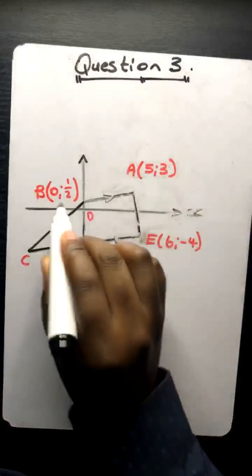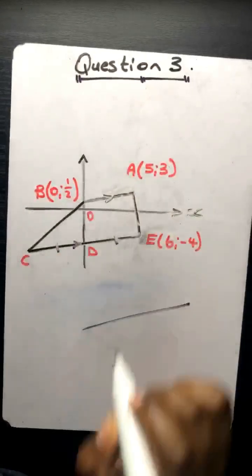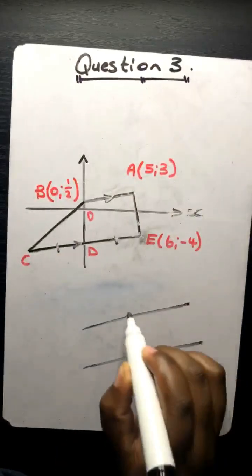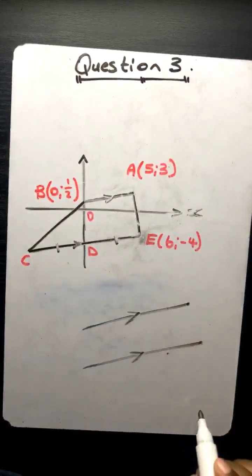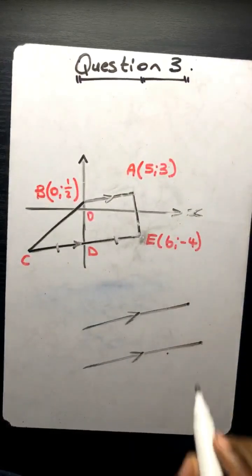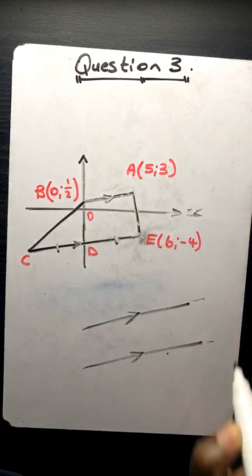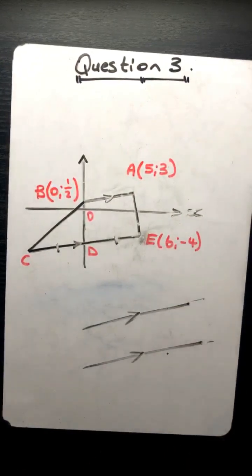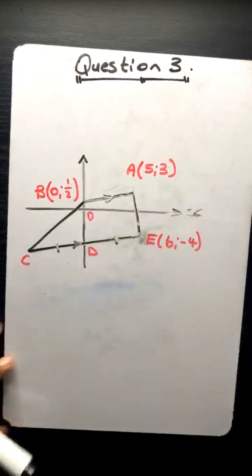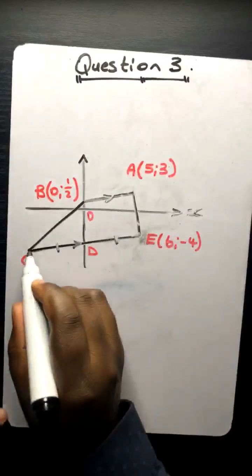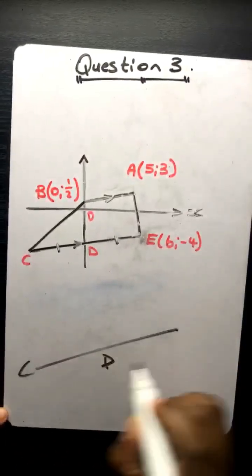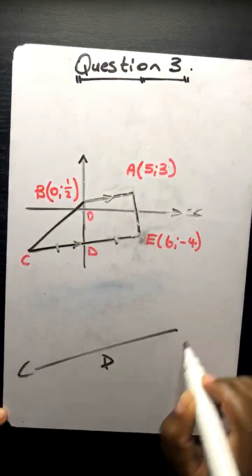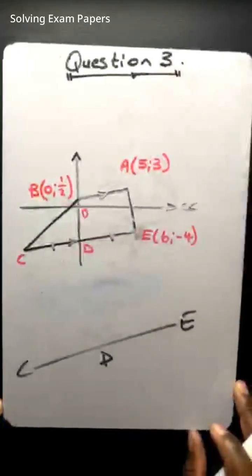Can you see BA? Can you see CE? This is an indication that these two lines are parallel to each other, meaning the gradient of this line is equal to the gradient of that line, which is what we've just discussed. Okay, let's see. We've got that, and that. We've got C, D, and E. Examiner is trying to play some games here.